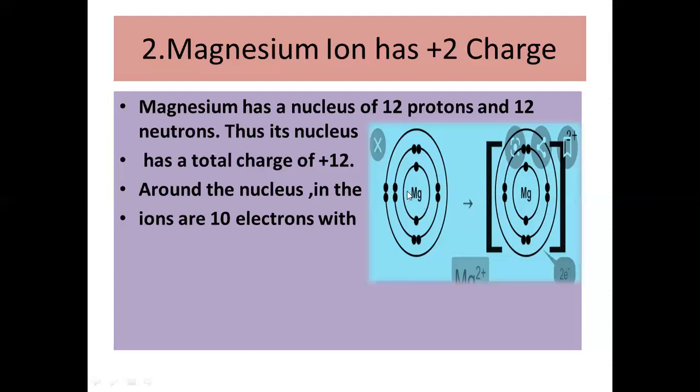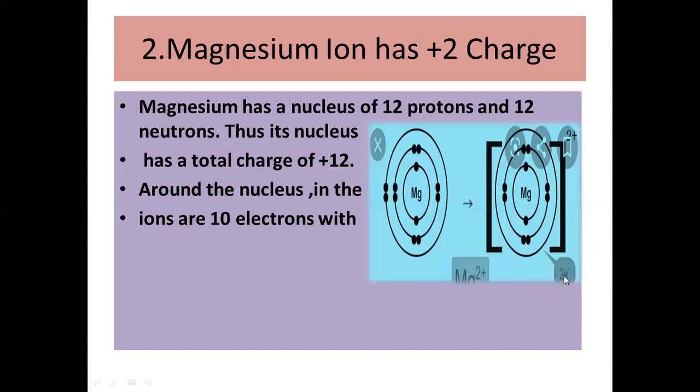That is not possible because a very large amount of energy is required to gain 6 electrons. The easiest way is that this metal will lose its 2 electrons, and the second shell will become the outermost shell, with 8 electrons, so the outermost shell will be complete. So the neutral magnesium atom converts to the Mg+2 ion after losing 2 electrons.